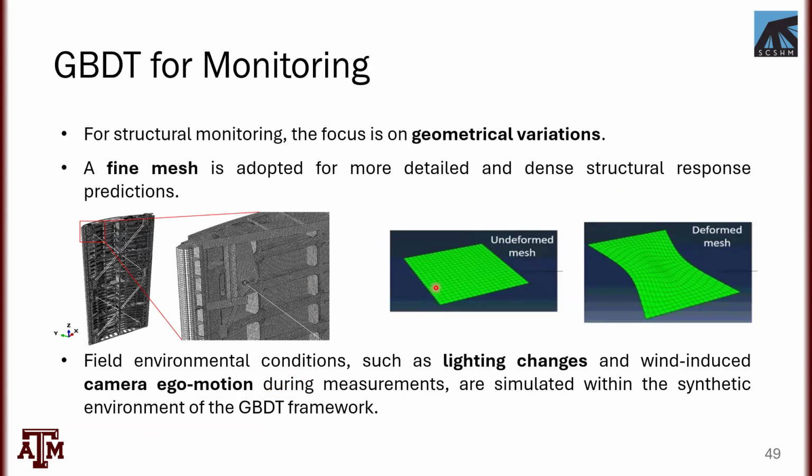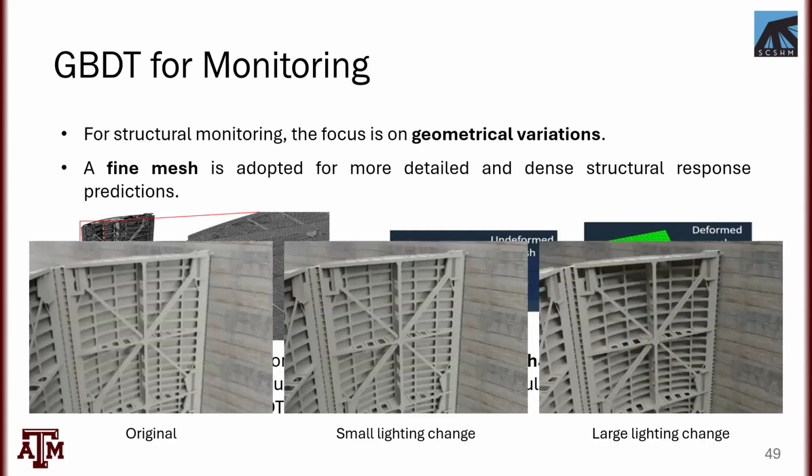So if you have an undeformed mesh and you deform it in the graphics model, it follows the exact mesh from the finite element. So the graphics model is following closely what the finite element does. You can also change environmental conditions. So you have no lighting, you have small lighting changes, and you have large lighting changes.